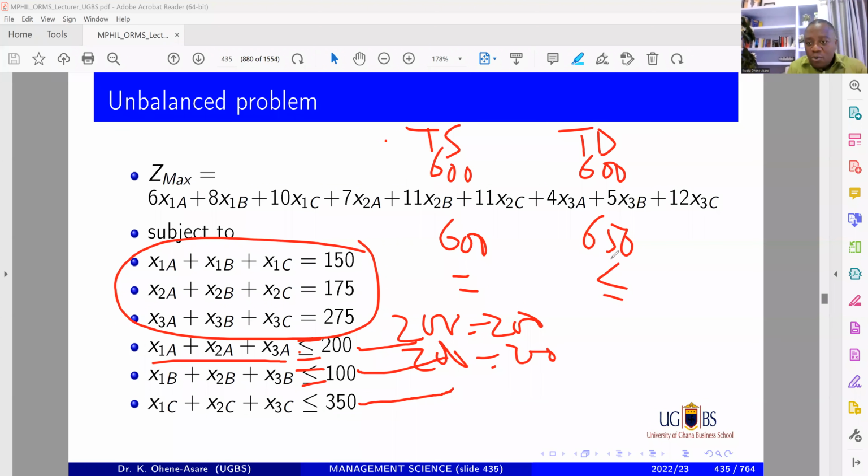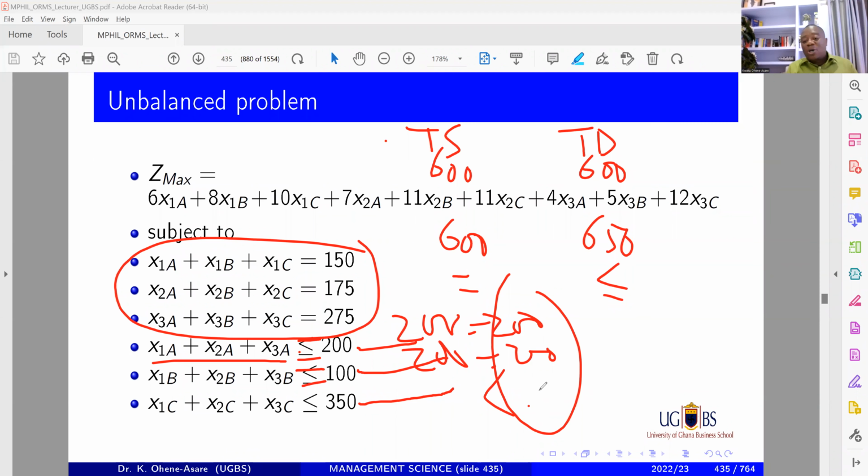But according to the rule, the total is more than the total here. So I'm expecting that for this right-hand side here to be 650, whatever is coming here must be less than what is on the right-hand side.